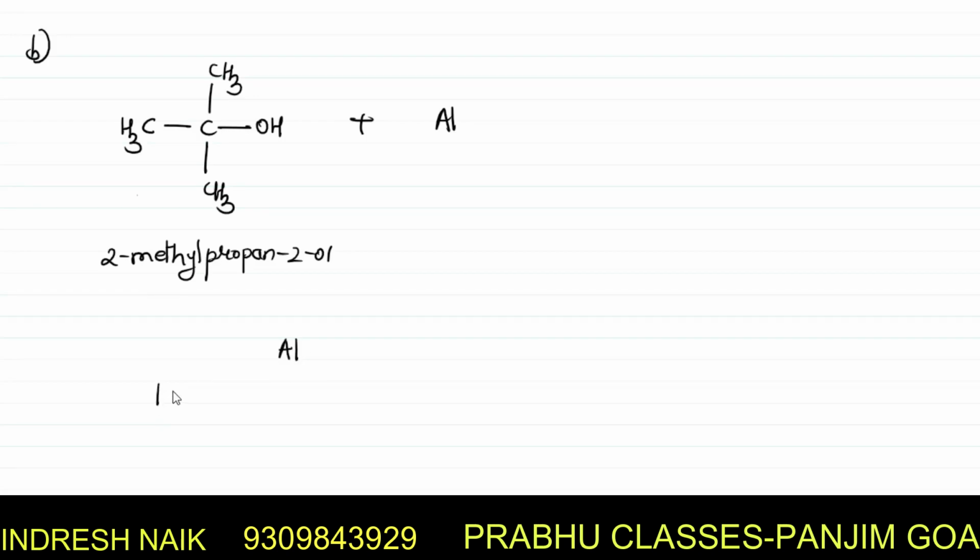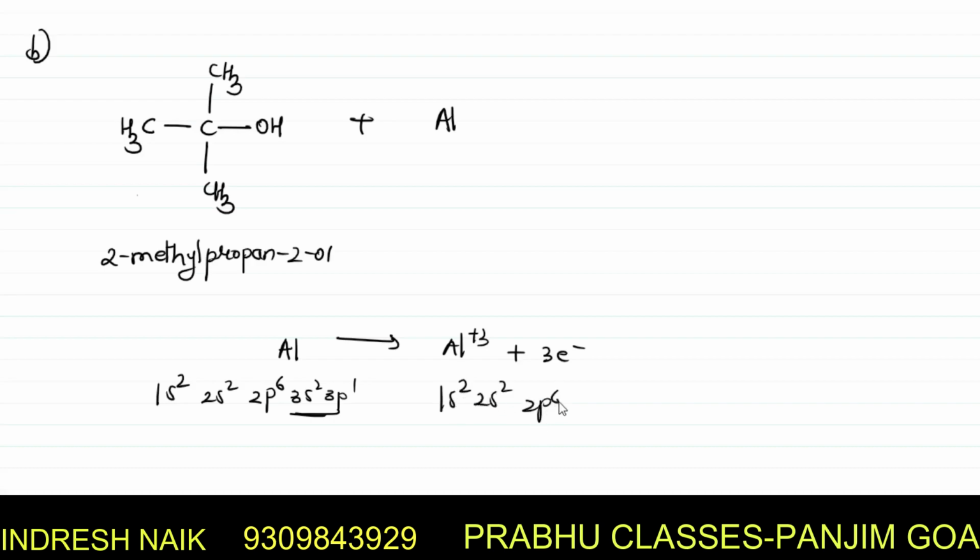Its electronic configuration is 1s2, 2s2, 2p6, 3s2, 3p1. It will lose 3 electrons, and then it will attain the noble gas configuration 1s2, 2s2, 2p6.